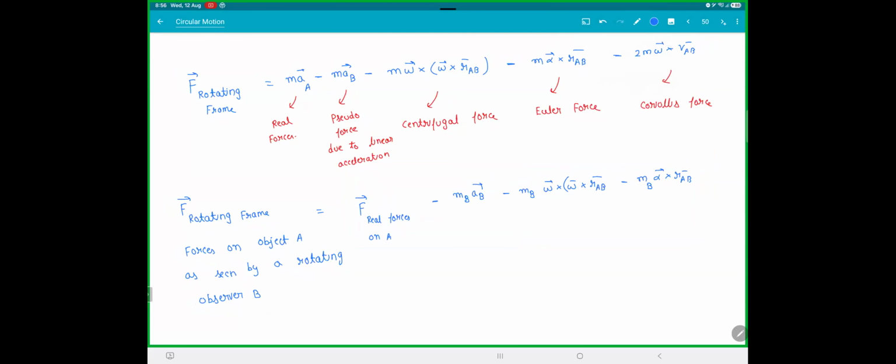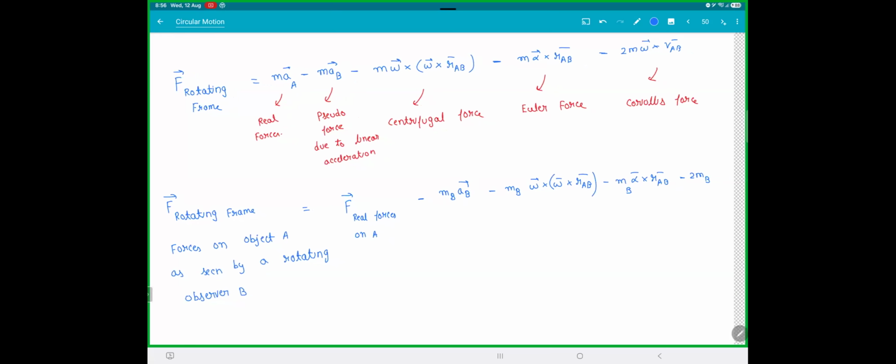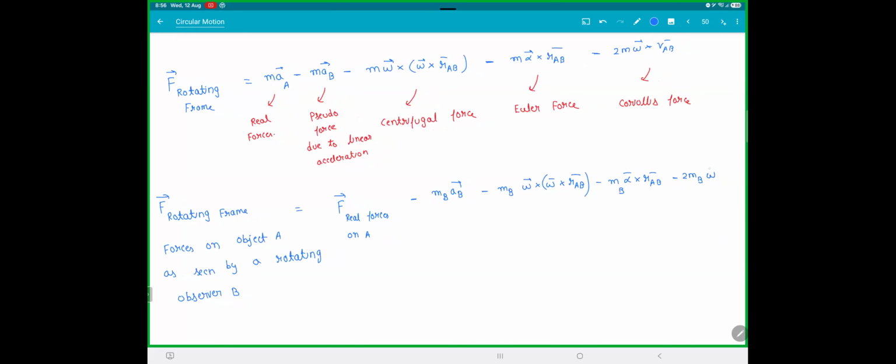Let me show you how to use this though. That's more important. And minus 2m omega. So this is your pseudo force due to this.